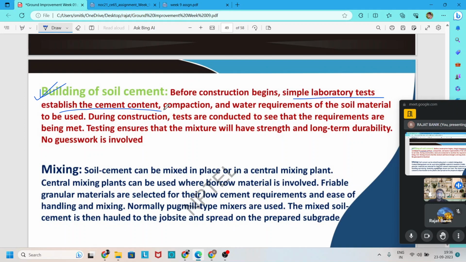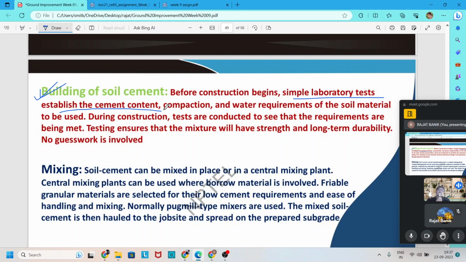Friable granular materials are selected for their low cement requirement and ease of handling and mixing. Normally, pug mill type mixers are used. The mixed soil cement is then hauled to a job site and spread on the prepared subgrade.